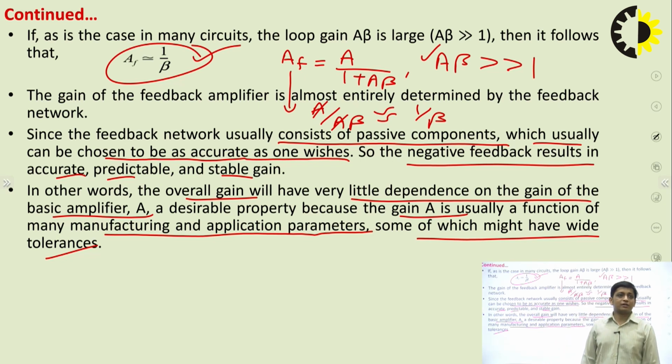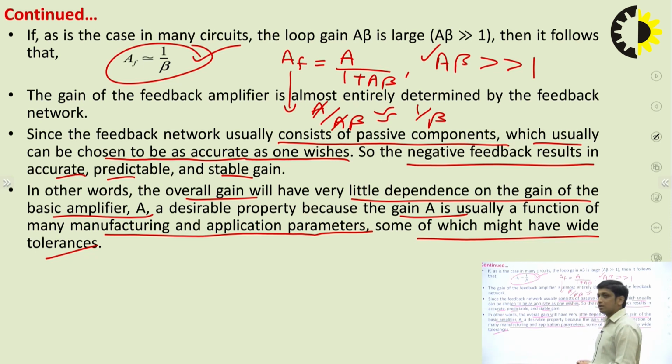So we need to understand this point. The gain of the basic amplifier, that gain A, is a function of many manufacturing and application parameters. It depends upon many parameters, and those parameters may have wide tolerances. It means that if there is a small change in those parameter values, then there will be a large change in the amplifier gain A, and that is not desirable, because we want stable gain.